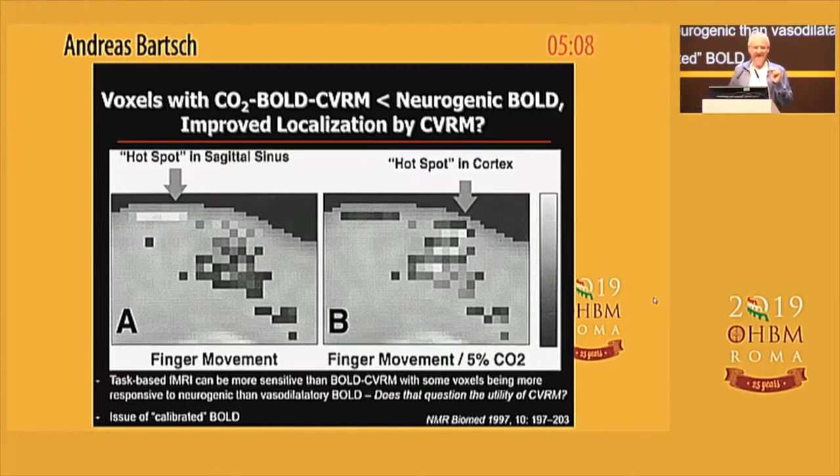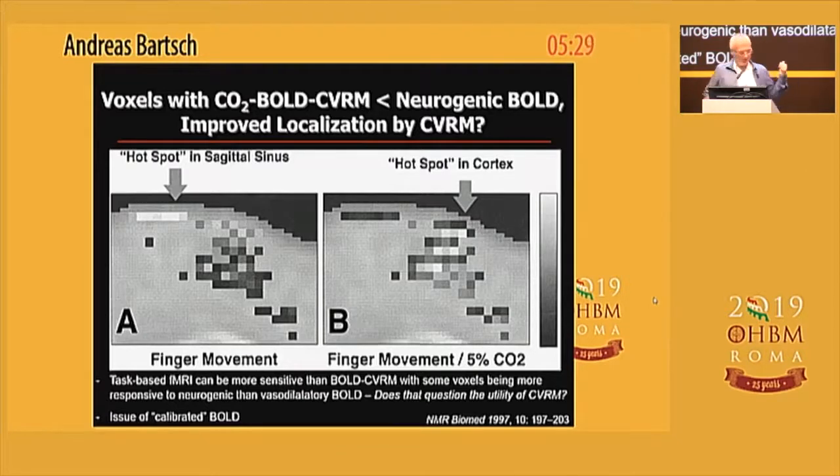What this means, I mean, they argued that CVRM could be used for improved localization because much of what we are seeing in CVRM is geographically in a slightly different vascular territory than what we see in neurogenic bold.